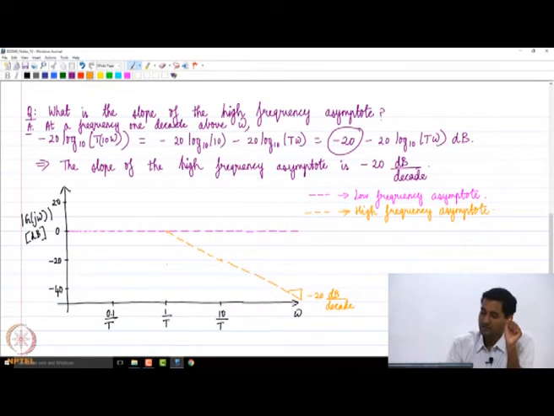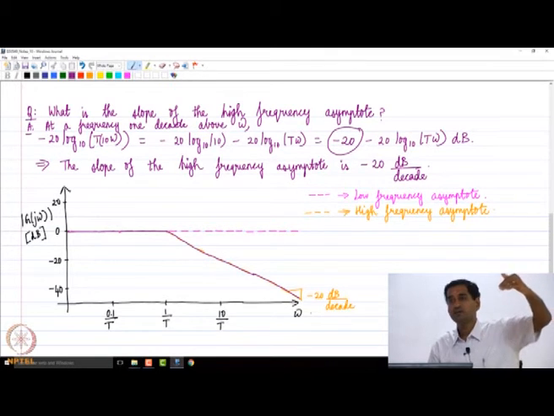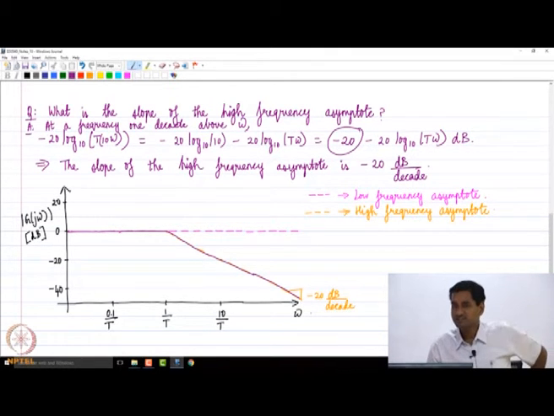So what I am going to draw is the first approximation, with a solid curve. The approximation of the factor 1 by Ts plus 1 is going to be this: it remains 0 decibels till 1 by capital T, and after 1 by capital T it is going to reduce at the rate of minus 20 decibels per decade.